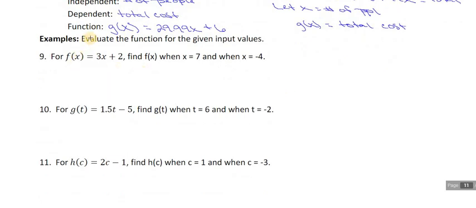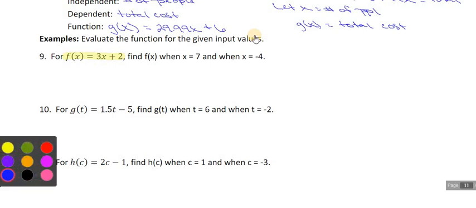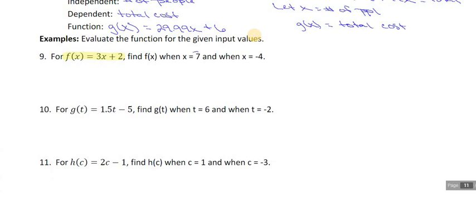So these examples say to evaluate the function for the given input values. In number 9, we have the function f of x equals 3x plus 2. We want to find f of x when x equals 7 and when x equals negative 4. So we need to take 7 and plug it in wherever we see an x.